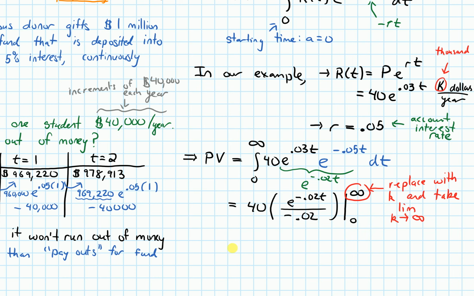So that'll give us the limit as k goes to infinity of, and if you divide 40 by negative 0.02, we'll get negative 2000. And we have e to the negative 0.02t, from 0 to k.